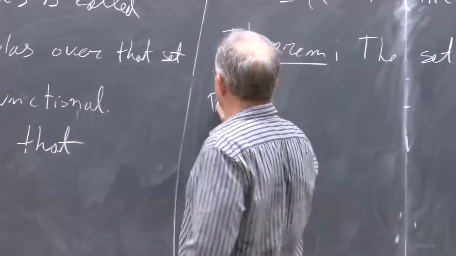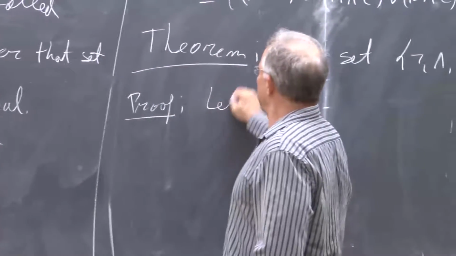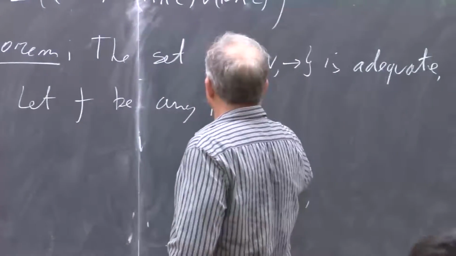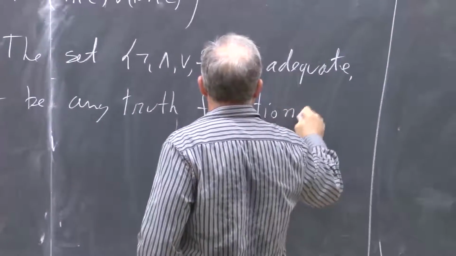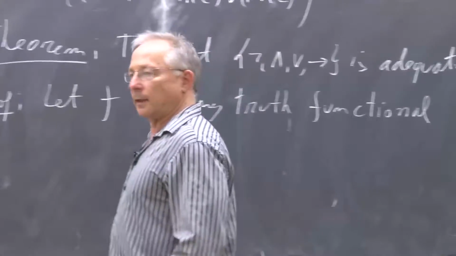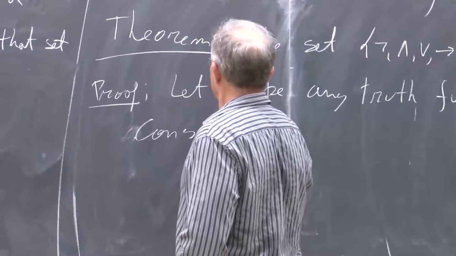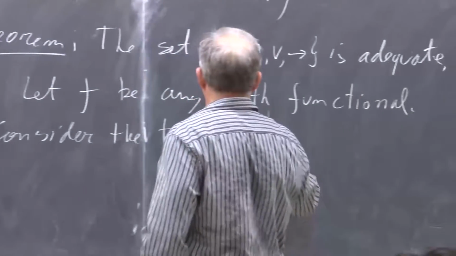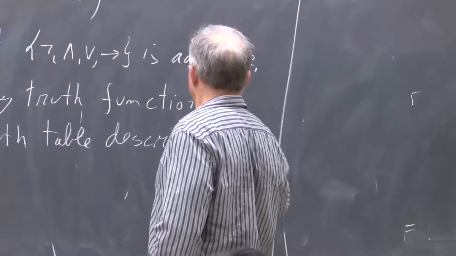So the proof. Let f be any truth functional and consider the truth table describing f.